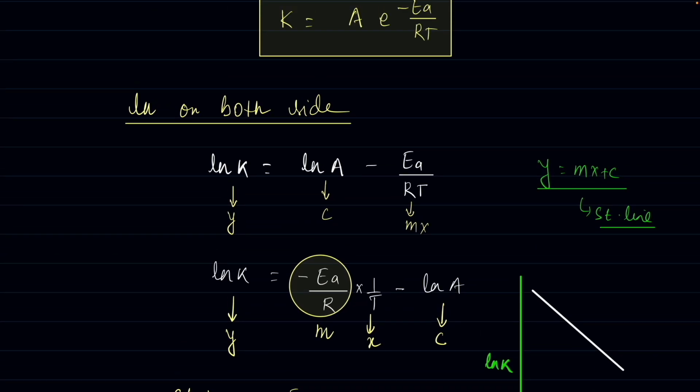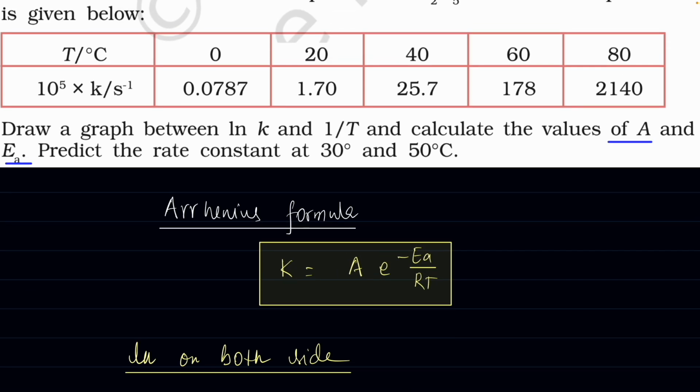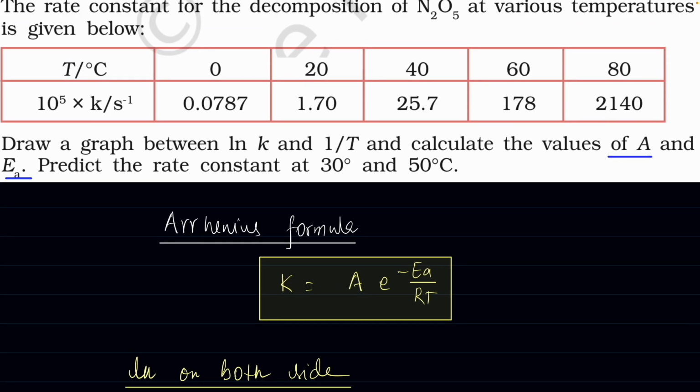In the table, the k value is given. These are the k values, and this is the temperature. If we consider any two references, let's consider these two values here. We can consider this as K2, and this is K1, and for these two temperatures, this is the T1 and this is the T2.